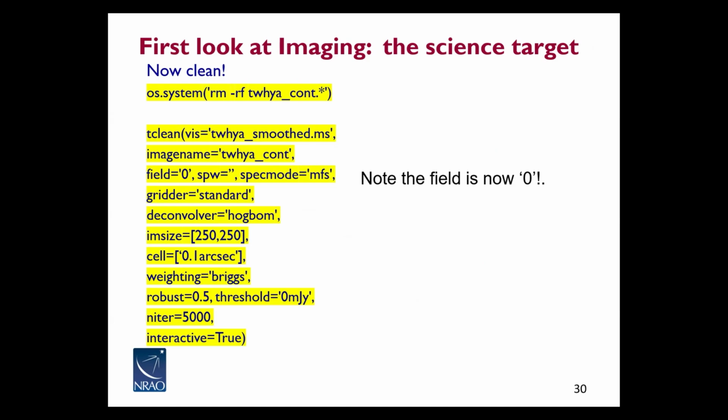Do you get the clean images? And are you able to view it on CARTA? Like it looks clean? Okay, great. How about Liz? How are things looking? Sure. For the science target? Okay.